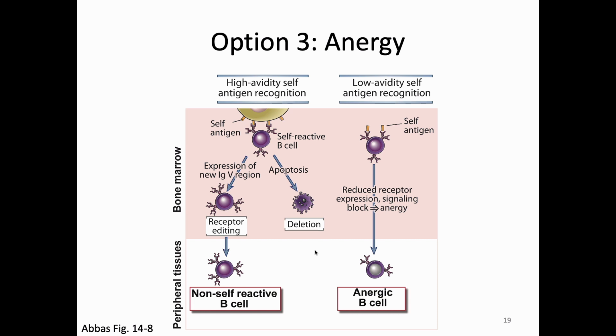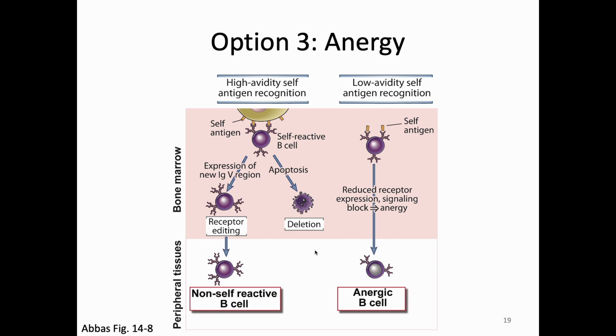And what does it mean that a B cell undergoes anergy? Sometimes we call these B cells anergic, or they've been anergized. What is an anergic B cell? Just make sure we're all on the same page here. Yeah, Sebastian. Kind of, yeah.